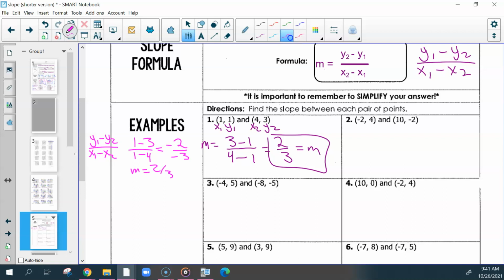This is why this works, because you get the same numbers, both as negatives, and the negatives cancel. If you switch one of them but not the other, you're going to end up with one being negative and one not, so your whole answer is going to be negative, and maybe it shouldn't be, or maybe it should be, so that will cause an issue.